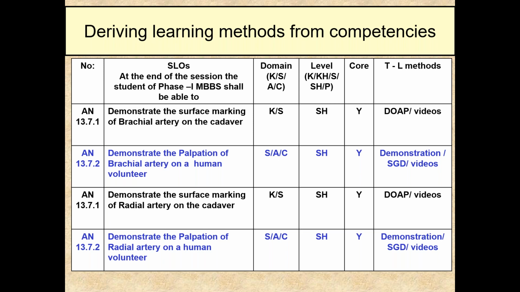We know that in anatomy, the affective and communication domains are very, very minimal. So in this we can at least teach them or assess their learning in the affective and communication domain, where you can use demonstration as a method of learning.